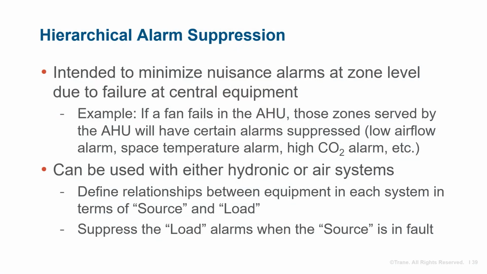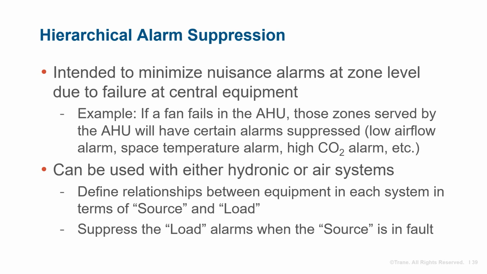As HVAC systems get larger and more complex, the number of potential nuisance alarms becomes a major issue for building operators. The guideline addresses this issue by using hierarchical alarm suppression. Alarms are ranked as source or load.